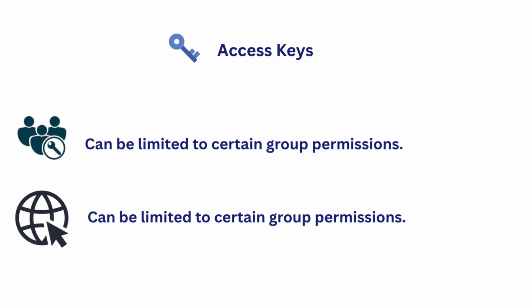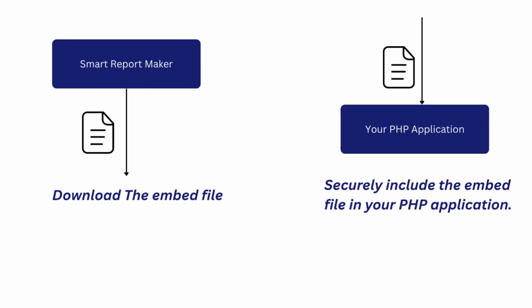Each access key can be assigned to a specific permission group and restricted to an approved origin. This origin should match the domain of your application, and if your application and Smart Report Maker are hosted on the same domain, you can simply use the same origin option. You don't need to write any code.